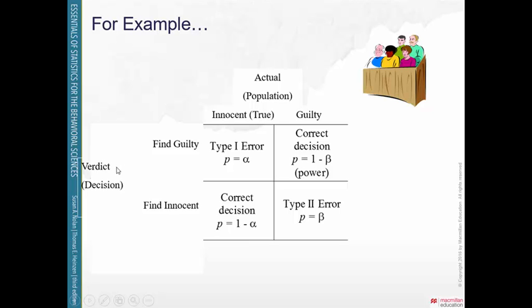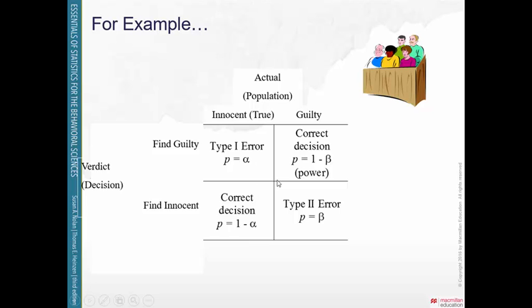However, we could also make the decision based on the data that the person is innocent. There's not enough evidence presented in trial to find the person guilty. We think they're innocent. This might have been a case of mistaken identity or something like that. And if in fact the person was innocent, well, again, we've made a correct decision and we're very, very happy.